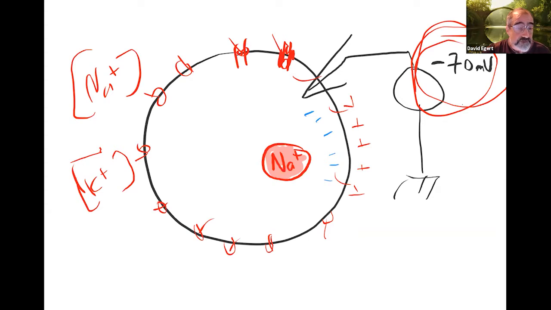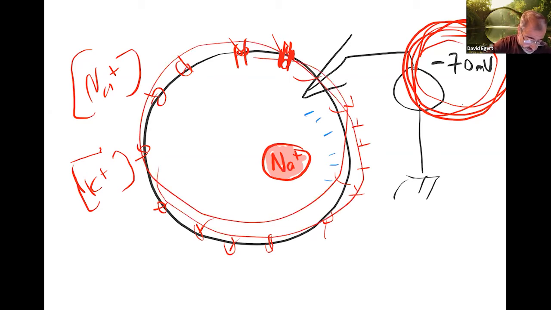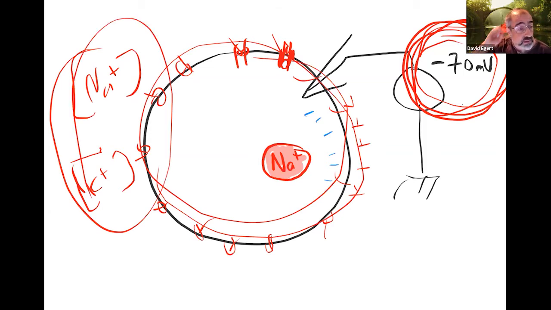But this minus 70 millivolts, where a normal excitable cell tends to be at rest, is due to lots of conditions we haven't talked about yet: the resting permeabilities and the typical concentrations of ions around. It's going to be a mix of diffusion gradients and electrical gradients that are going to ultimately have to find balances to create these equilibriums. So again, we're going to see all this in more detail.